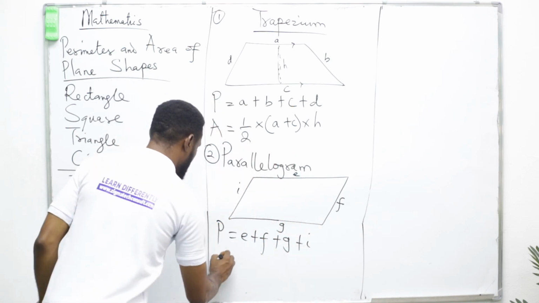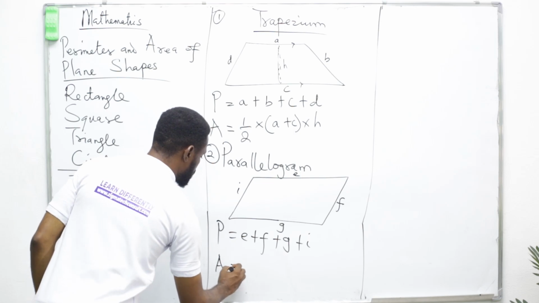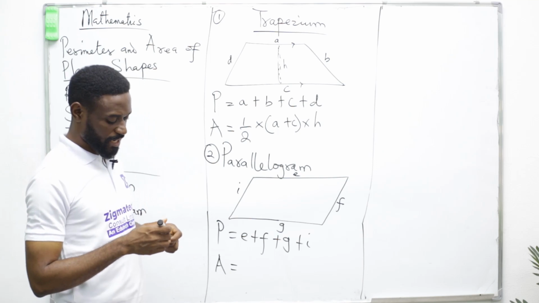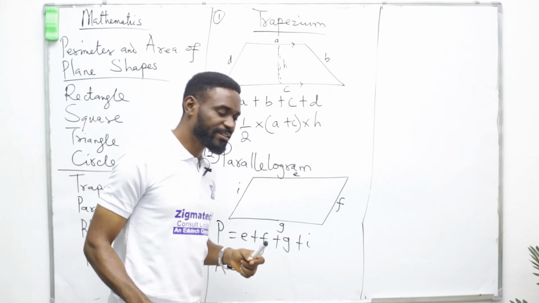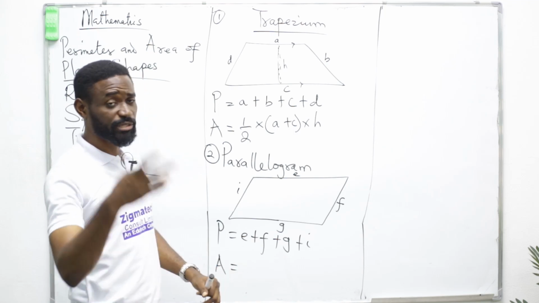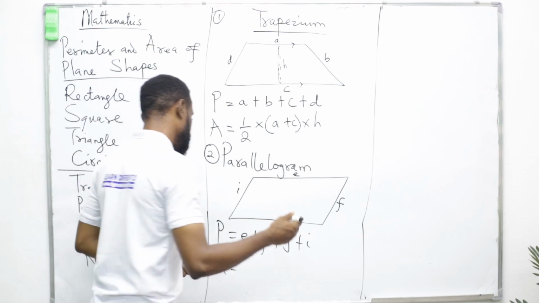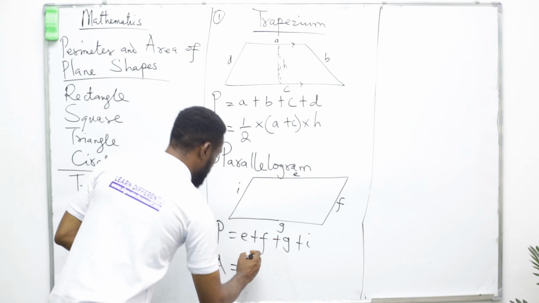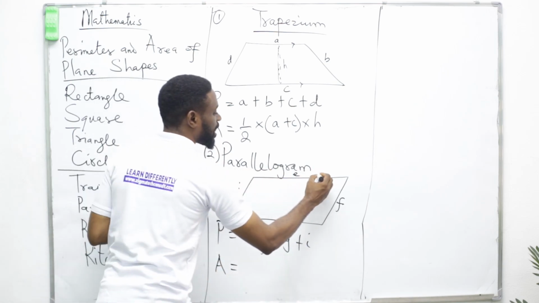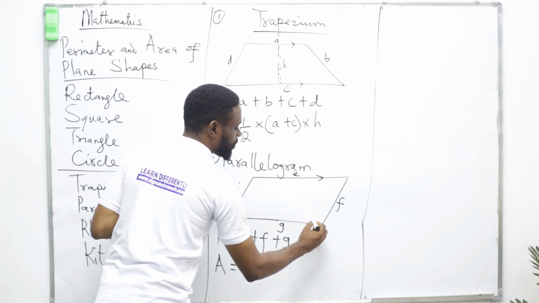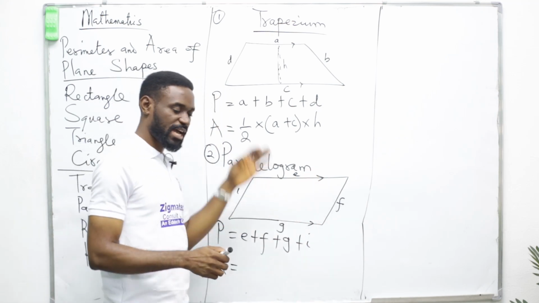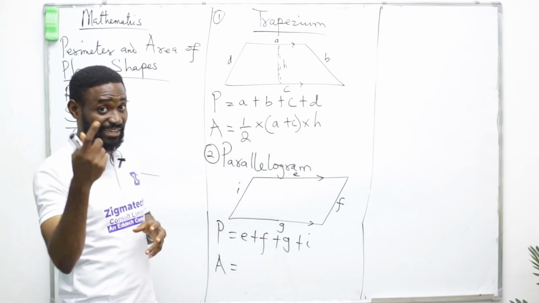Why the area is, okay, 2 ways. The area of a parallelogram can be in 2 forms. The first form is simply the length, because in a parallelogram, the opposite sides are equal, just like the rectangle.